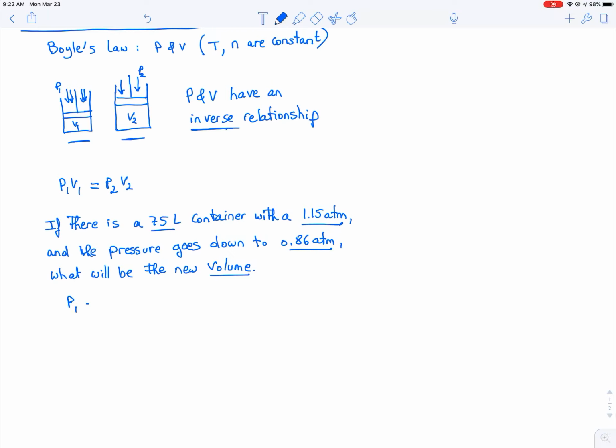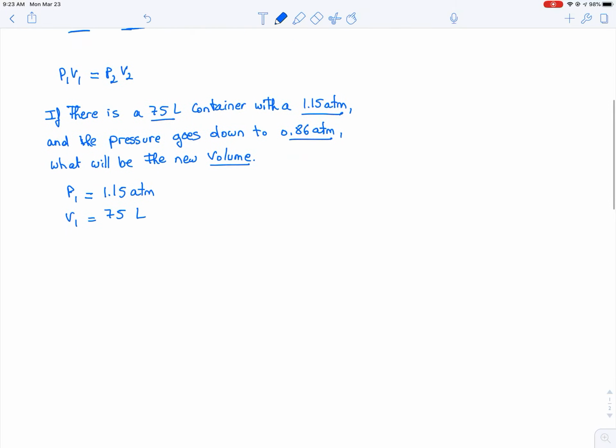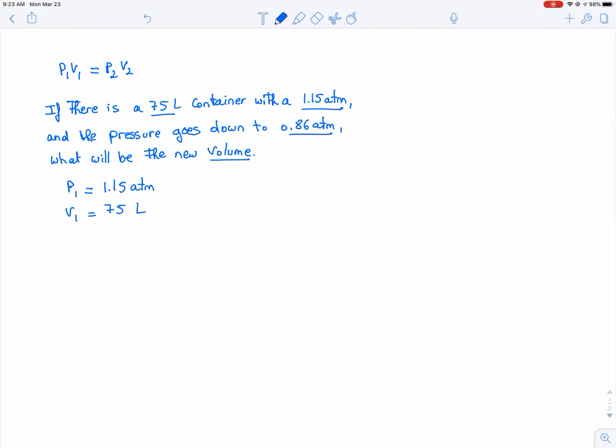You write down, what's P1? Well, in this case, P1 is the first pressure given, 1.15 atm, which is associated with a certain volume. So V1 would be here in this case 75 liters. And again, it's very, very important to write down the variables the way I'm doing. It's going to make your life a lot easier.